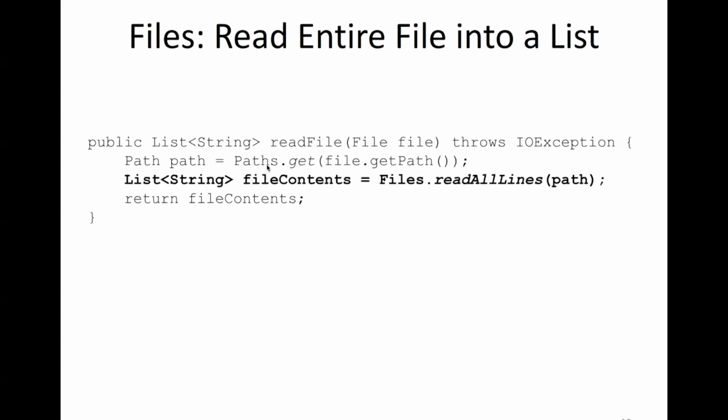I do that within this Paths.get method. So a little bit tedious there, but that gives me a path object. And once I have that, I just call this static readAllLines method of the Files class, pass in a path to the file, and that will read the entire file and give me back a list of strings containing the entire contents of the file. So that's a way to just read everything all at once in one chunk.